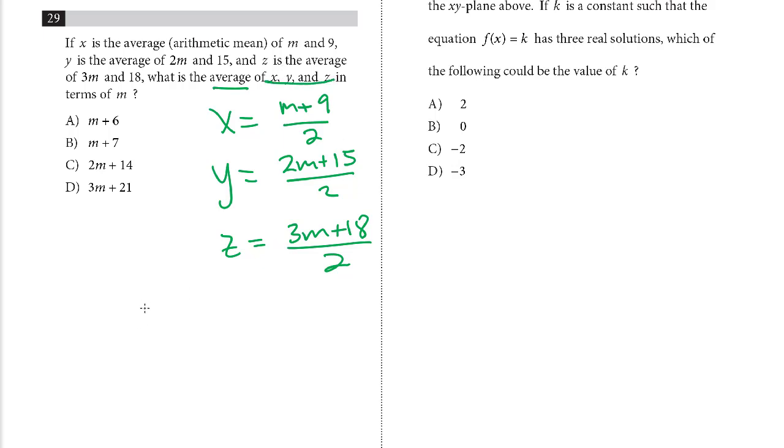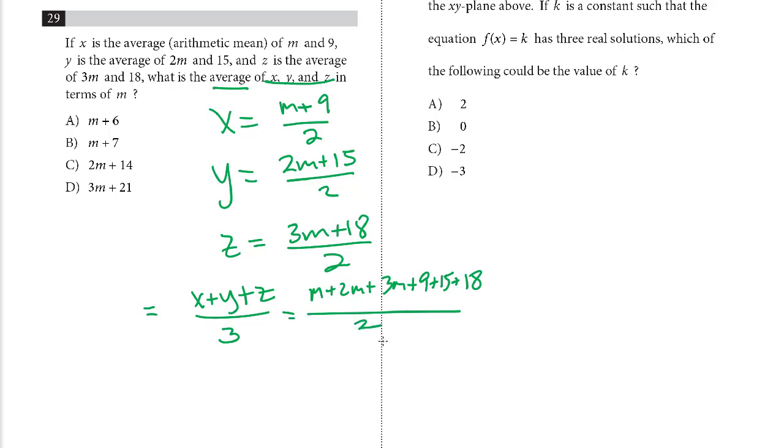Well, that would be (x + y + z) divided by the count 3. Okay, so let's add all these up. They're all the same common denominator of 2. So I'm just going to add up the m plus 2m plus 3m plus 9 and 15 and 18, all over 2, and that will in turn be divided by 3.